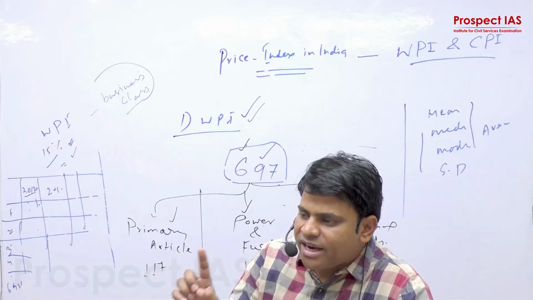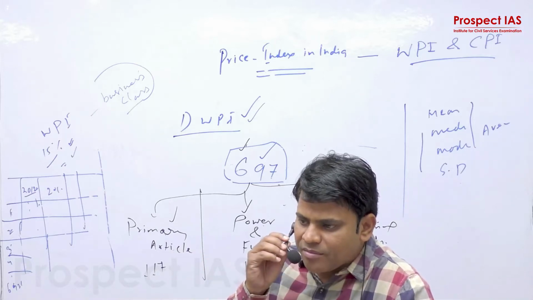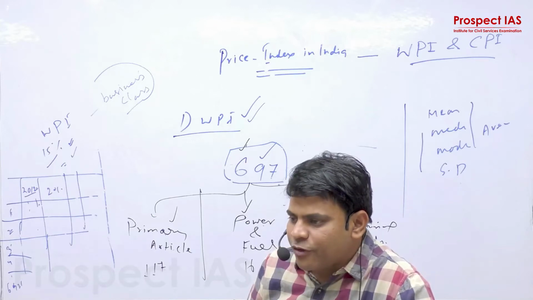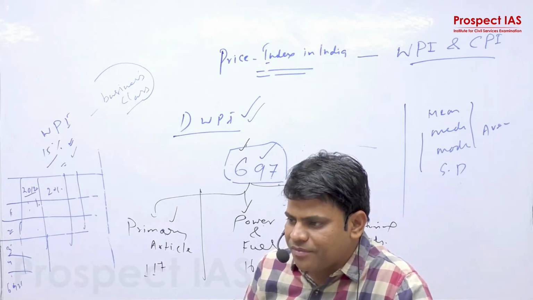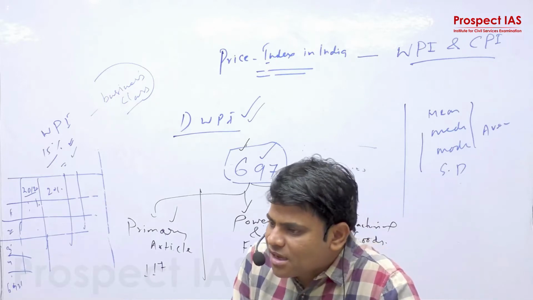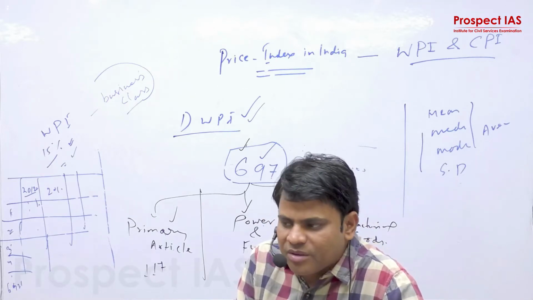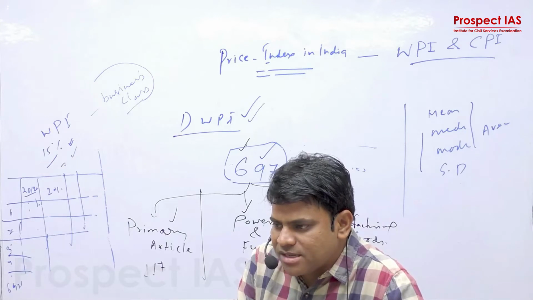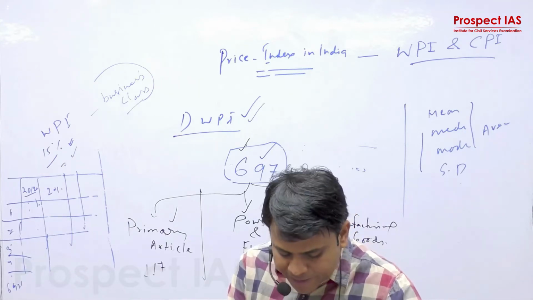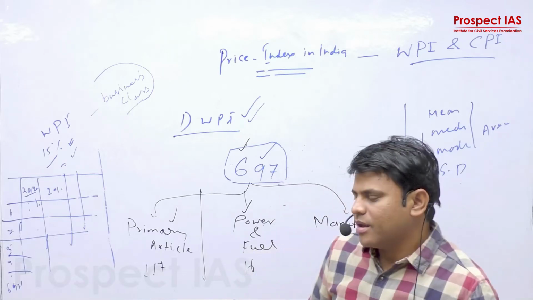Even minerals that we use, right? Minerals are obtained or extracted from the earth or soil, right? So minerals are also primary articles since they are obtained from nature. So anything that we obtain from nature is called primary articles.